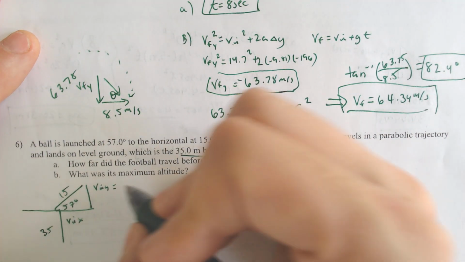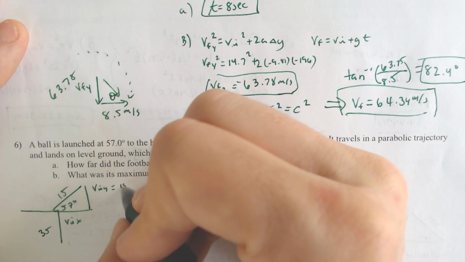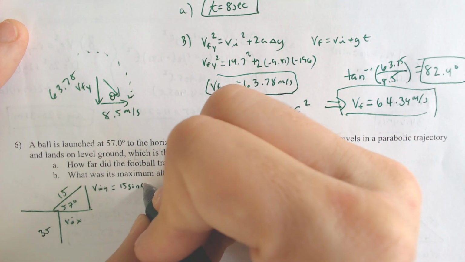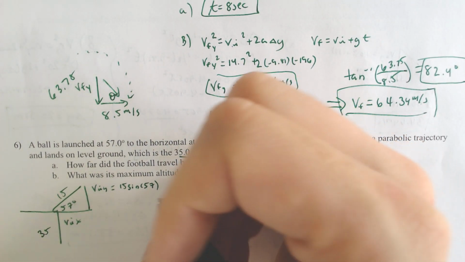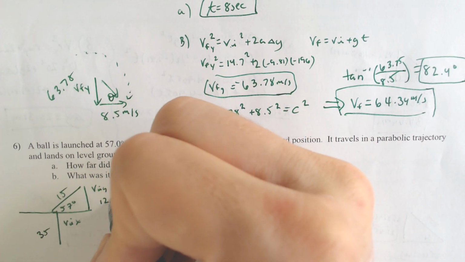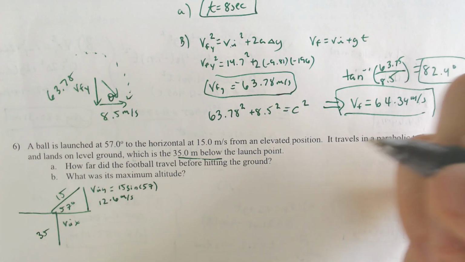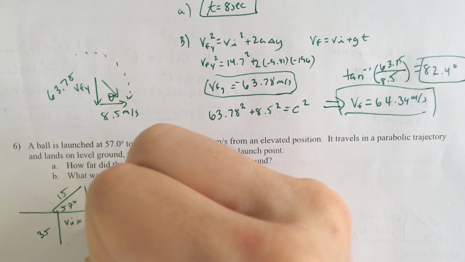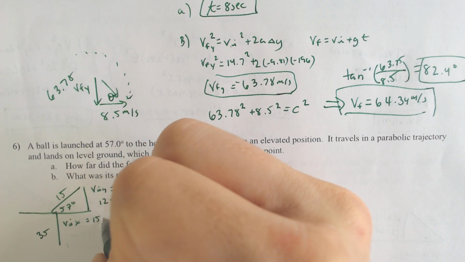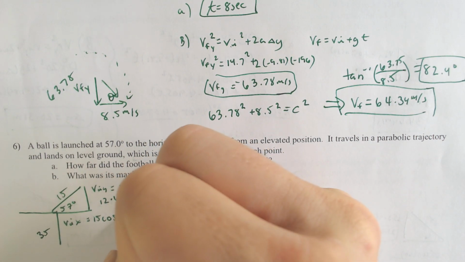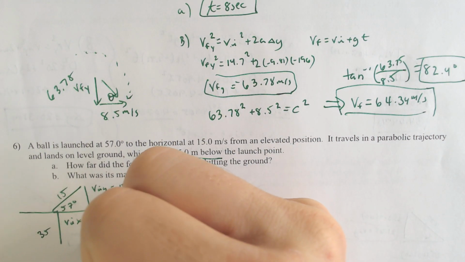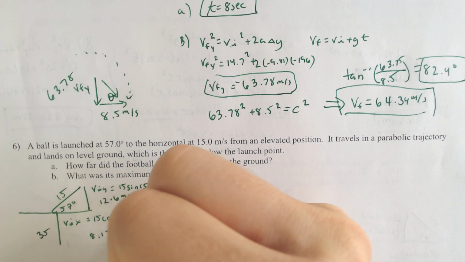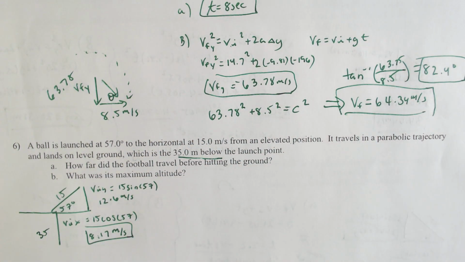Your initial for y, as always, is going to be 15 sine of 57, which is 12.6 meters per second. Your initial for x, as most of the time, is 15 cosine of 57, which is 8.17 meters per second for your VIX.